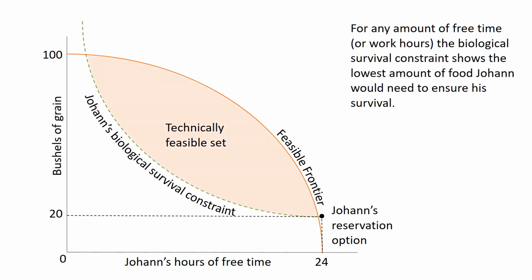The technically feasible set shows all combinations of free time and grain that are both biologically feasible and technically achievable. If grain output is below the survival constraint, Johan will be too anemic to work. Likewise, output levels above the feasible frontier are not technically possible to achieve.